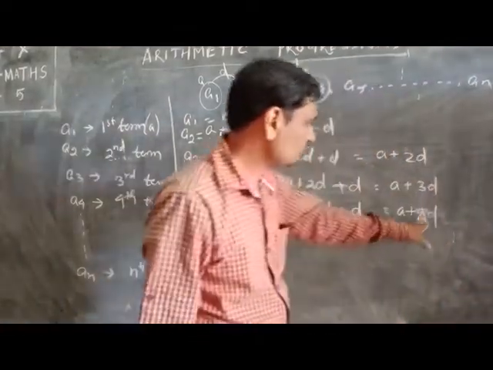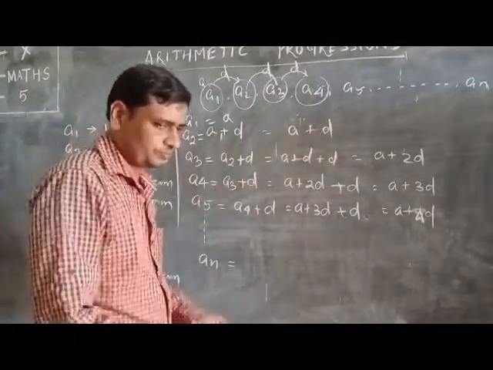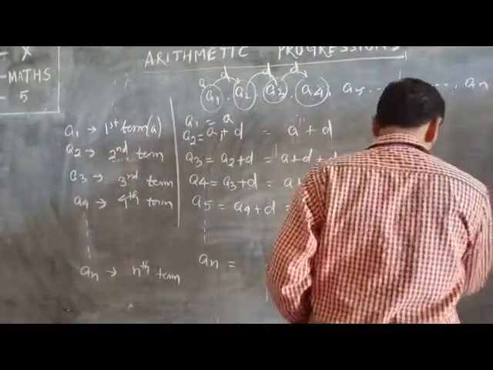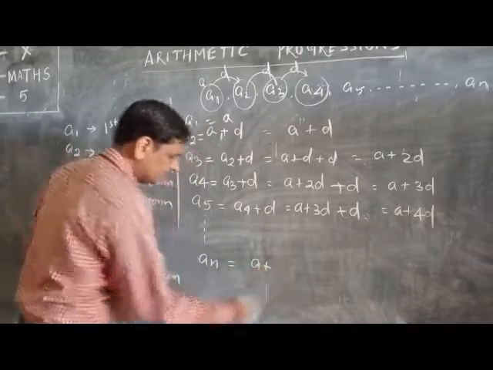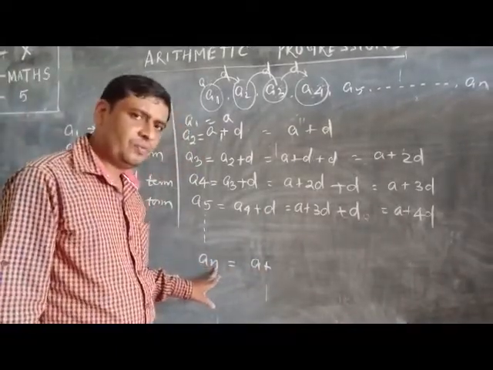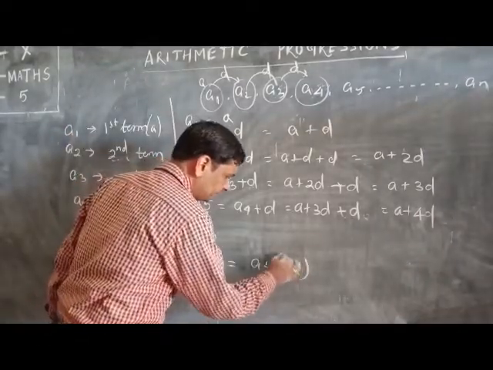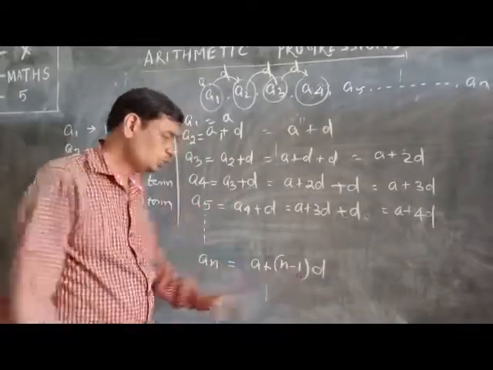For A2, A plus 1D, 2 minus 1, 1. Next, AN is A plus, just 1 less than the number of terms, that is n minus 1 into D. AN is A plus n minus 1 into D.